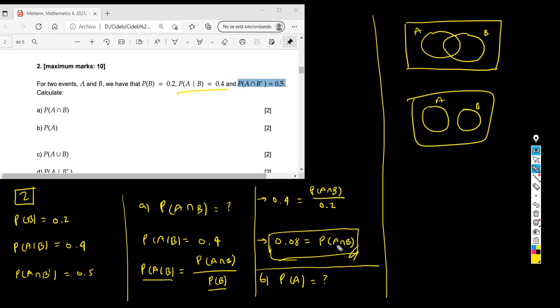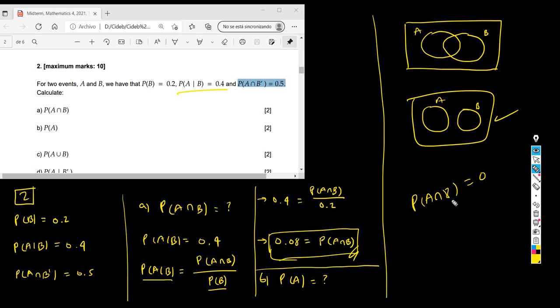What that means is that there is the possibility of both A and B happening at the same time, which is this part in here. If this was the case, then the probability of A and B should be equal to 0 in order for this case to happen.